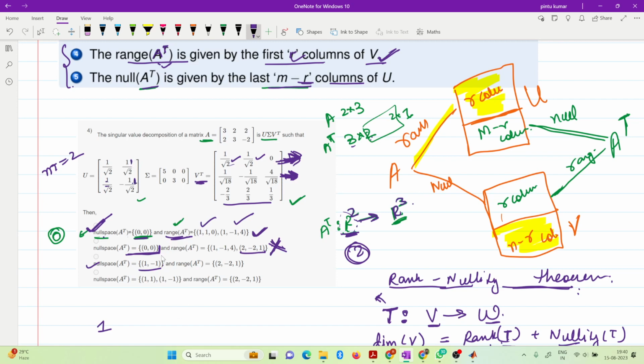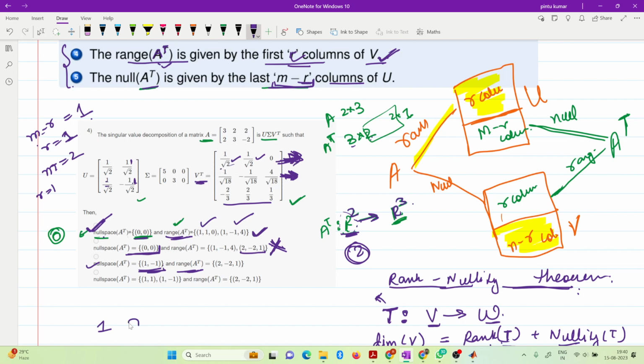So what is the value of R? R is 1 because M minus R is 1. Because we have one element over here and it is saying that the null space should have M minus R elements. So my M minus R is 1 and M is 2, that would mean R is 1. Right. So what is the value that we should have in range space? Range space should have R columns of V, or the R rows of V transpose.